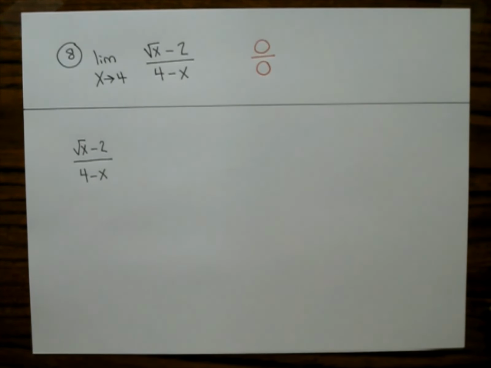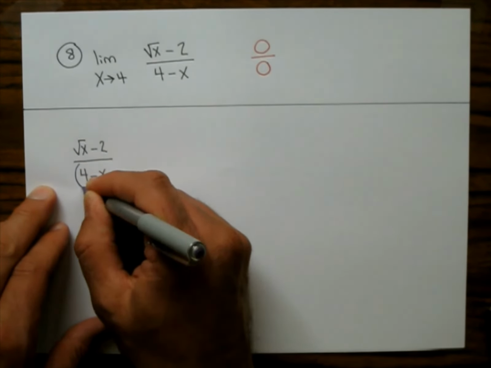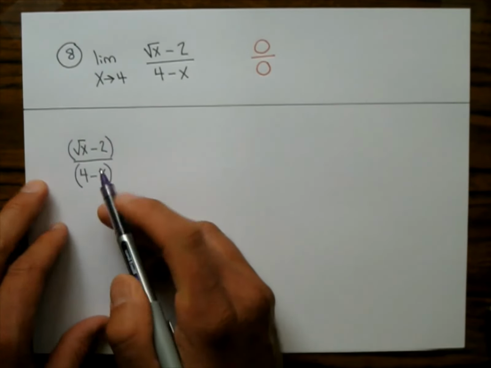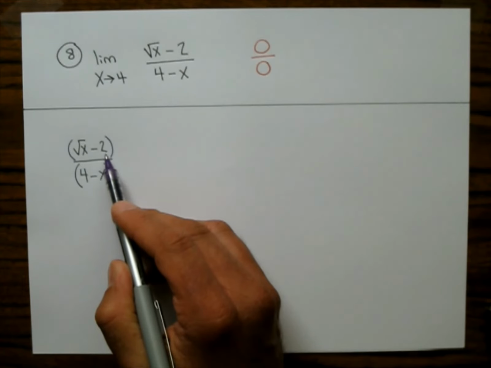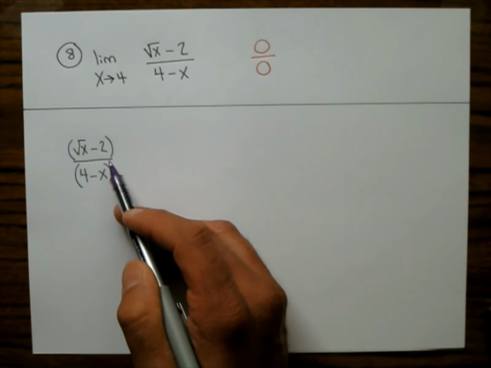What I'm going to do is I'm going to put parentheses around both of those, and this radical, it's like says root x minus 2 is in the numerator. And you may have remembered something in an algebra class about rationalizing the denominator, getting the radical out of the denominator.